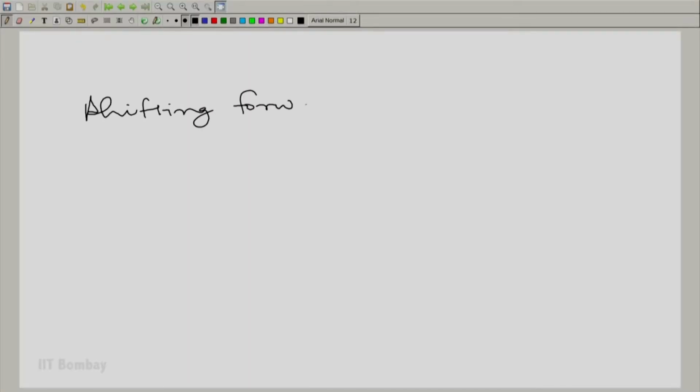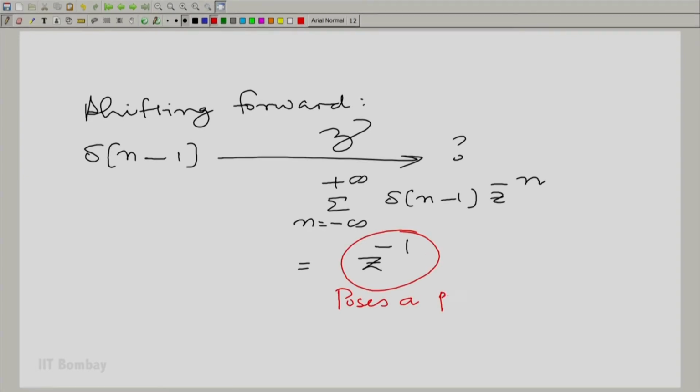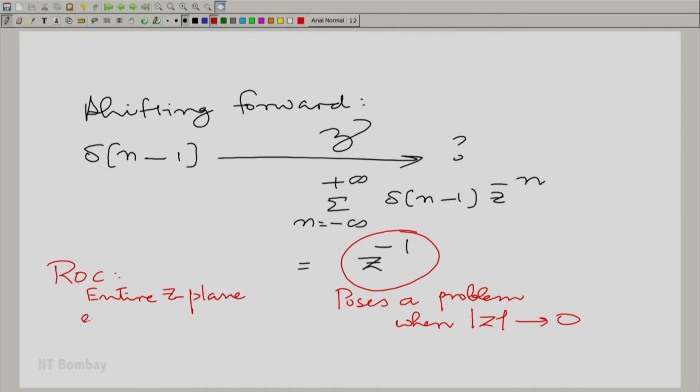Funny situation. And now, let us see what happens if you shift forward. Shift it forward by one step. Again simple summation which gives you z to the power minus 1. And here we have a problem when mod z tends to 0, because the inverse of 0 is not defined, and therefore, the region of convergence is the entire z plane except mod z tending to 0, or for that matter z tending to 0.